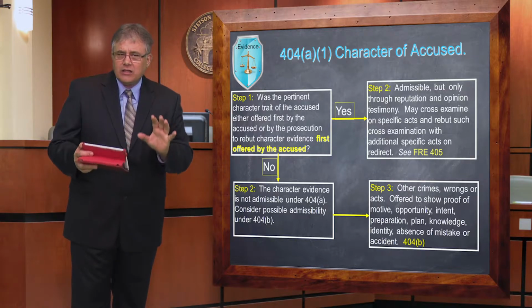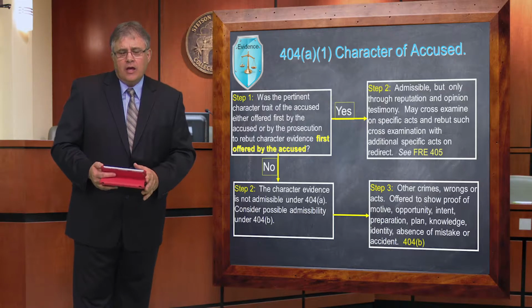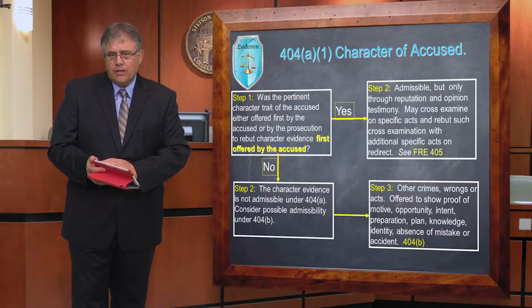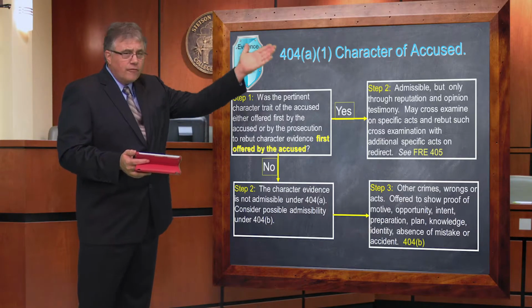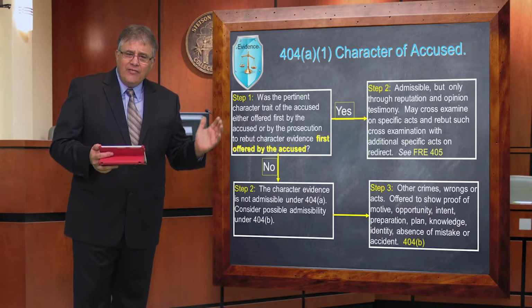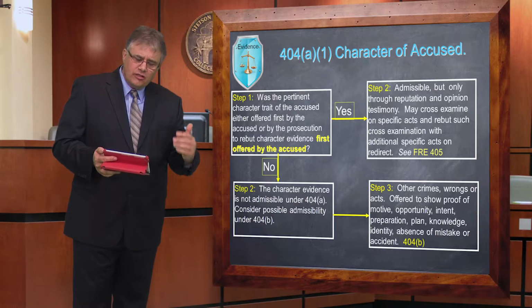And those are all classic 404B theories of admissibility, non-character theories of relevancy, by the way. So that takes care of 404A1, and that's the way it must logically flow.